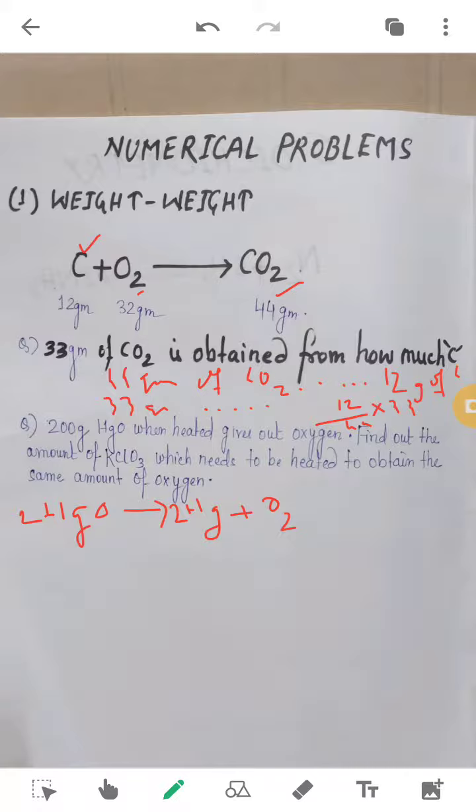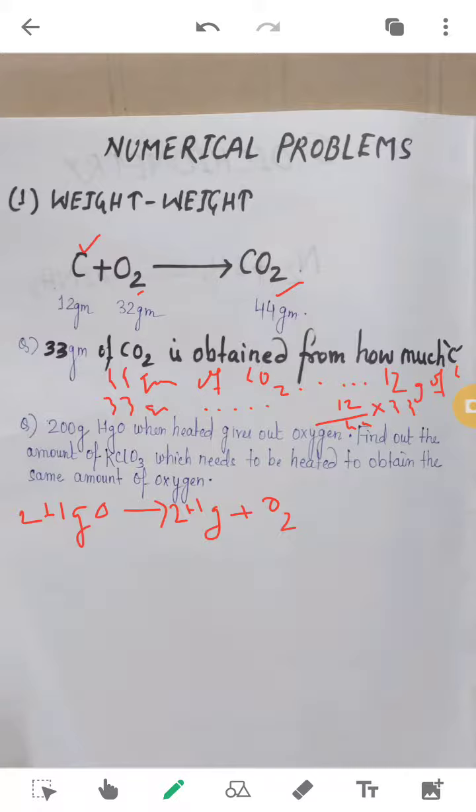The question: find out the amount of KClO3 which needs to be heated to obtain the same amount of oxygen. Let us find from the first reaction how much oxygen is actually given. That much oxygen we need from KClO3 also. So we have to find that KClO3 amount.